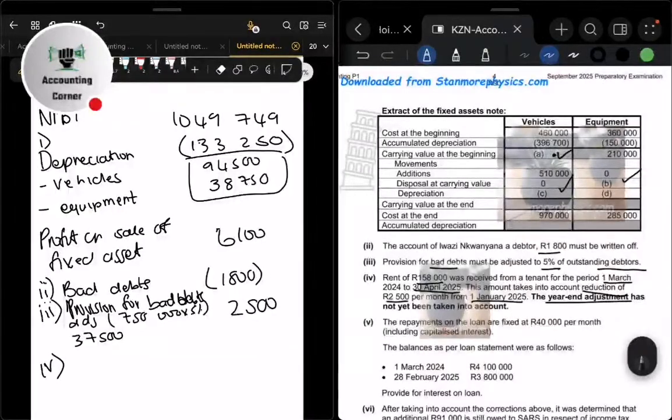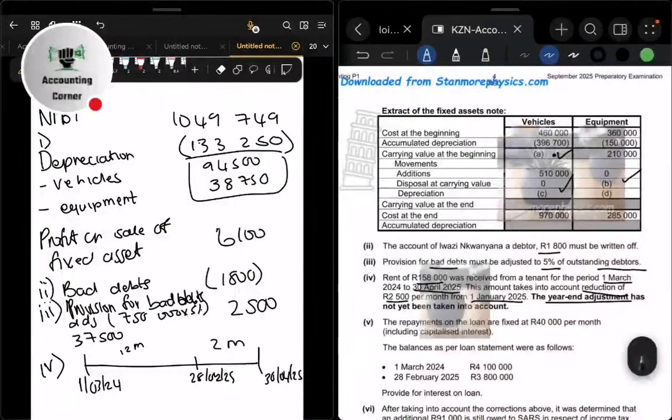So again, with these type of questions, timeline is always so important. Our year starts on the 1st of March 2024 and ends on the 28th of February 2025. And we received rent up until the 30th of April 2025. So this is 12 months, and then an extra 2 months, March and April. So we've received rent for 14 months.